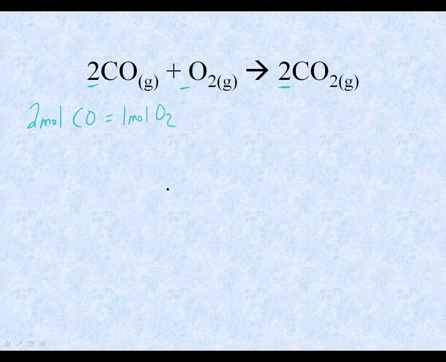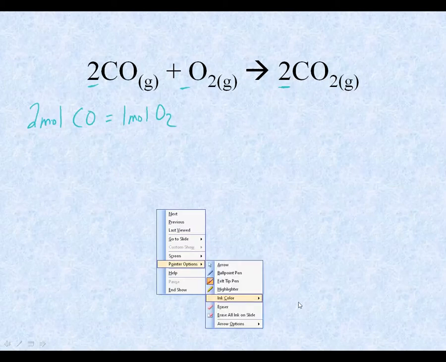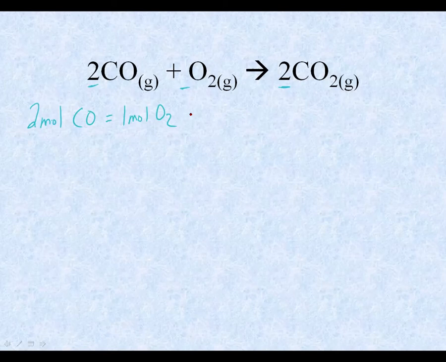And again, no calculation to figure that out. It is just from that balanced equation. So that's where we're getting those numbers from. We could also say for every 2 moles of CO, we would produce 2 moles of CO2.